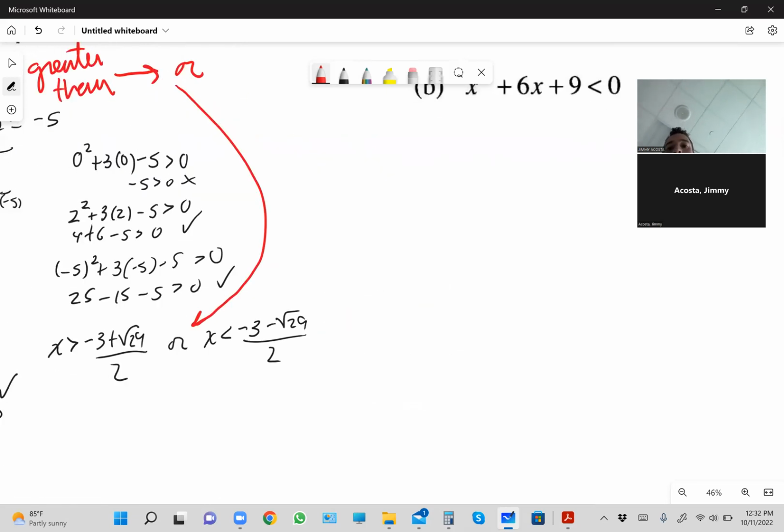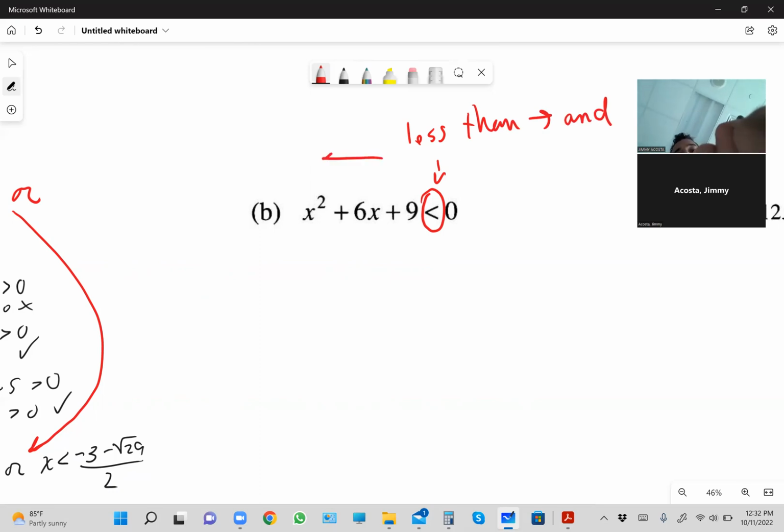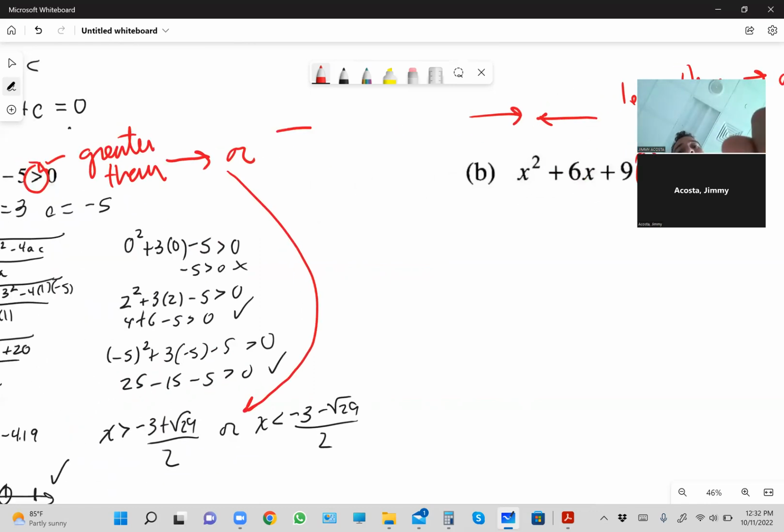As long as x squared written left to right is positive, less than usually is and. I hate doing these rules, but it's an and. So this will be an inward, right? And over here will be outward.